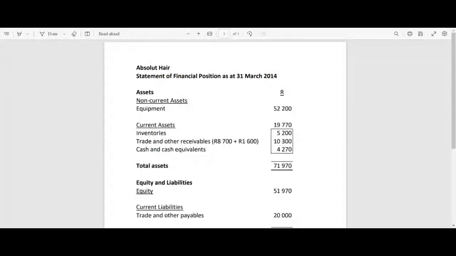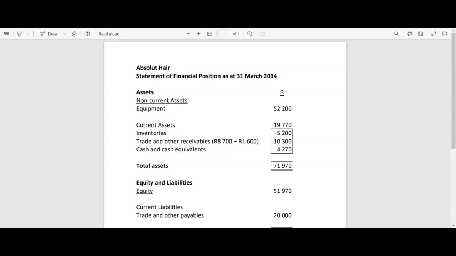Now, we also know from what we discussed in the first term that when it comes to our assets and our liabilities, we've got to distinguish between current and non-current. And you remember we said that if you intend to use the asset or to repay the liability more than a year after the end of this financial year, then it is a non-current asset or a non-current liability.